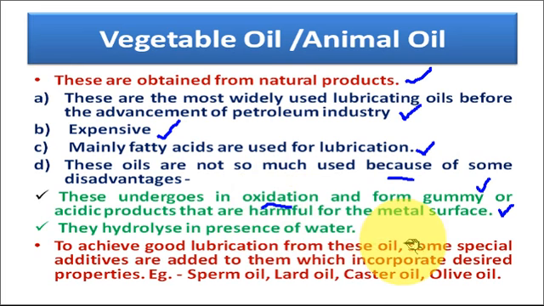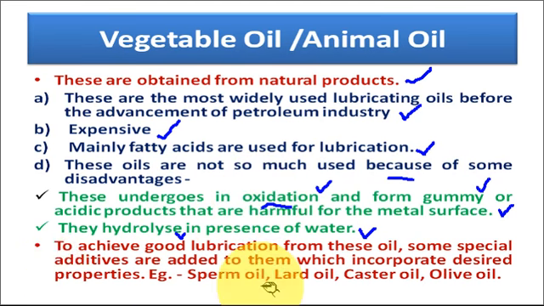Secondly, they can easily hydrolyze in presence of the moisture or the water. So because of their chemical reactivity, they can easily oxidize or they can easily hydrolyze. So both of these properties are harmful as a lubricant for the vegetable oil.